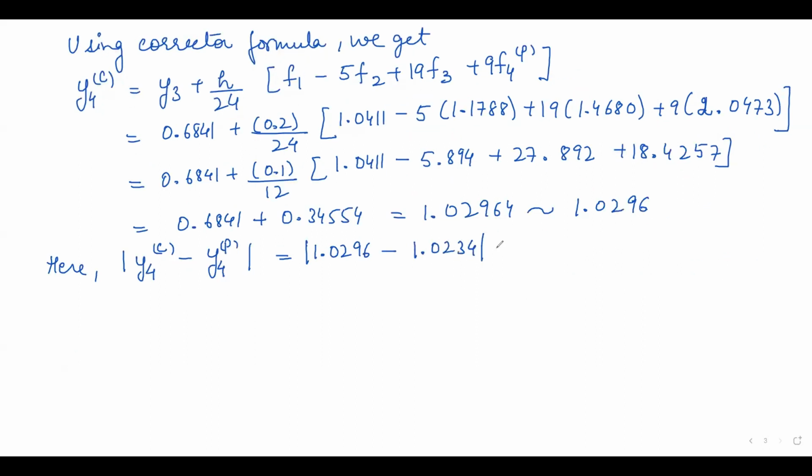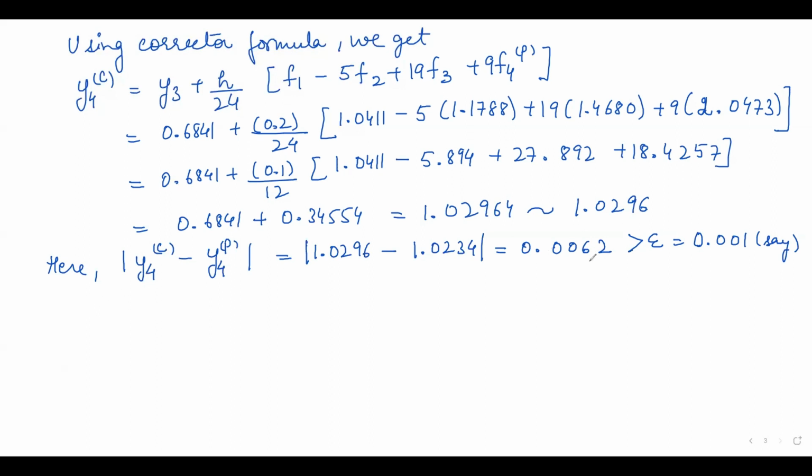Now, as you will see here, when we subtract this, this is coming out to be 0.0062. So if I take my epsilon to be suppose 0.001, so obviously this is greater, right? So that means we need to move ahead to the next iteration.